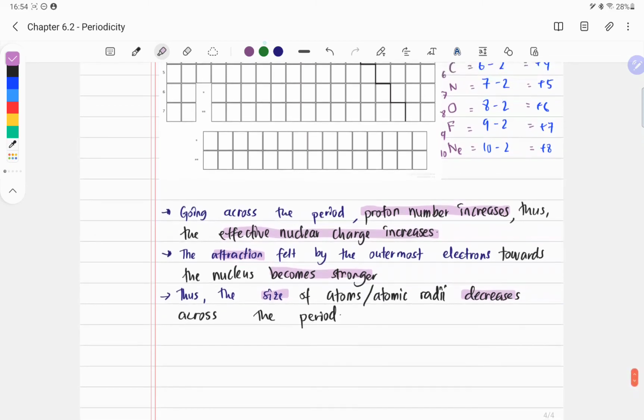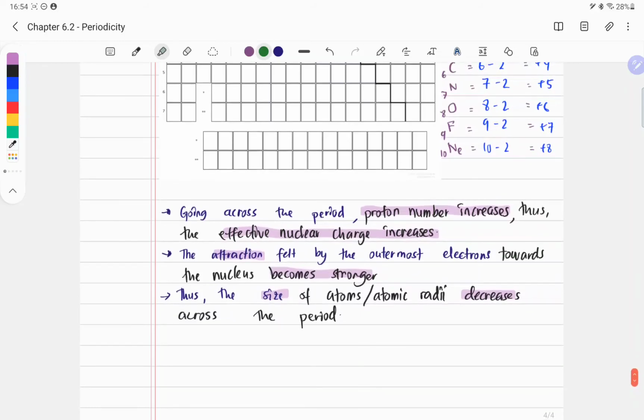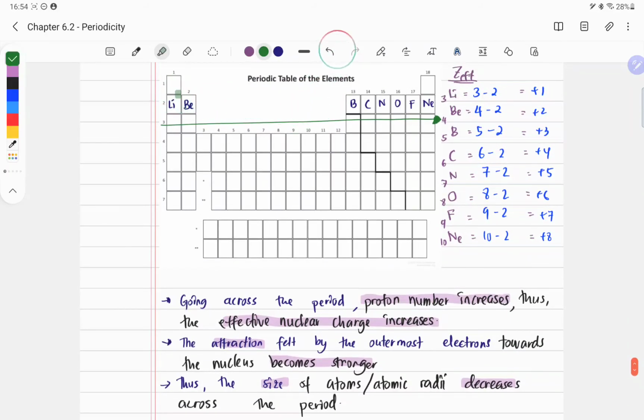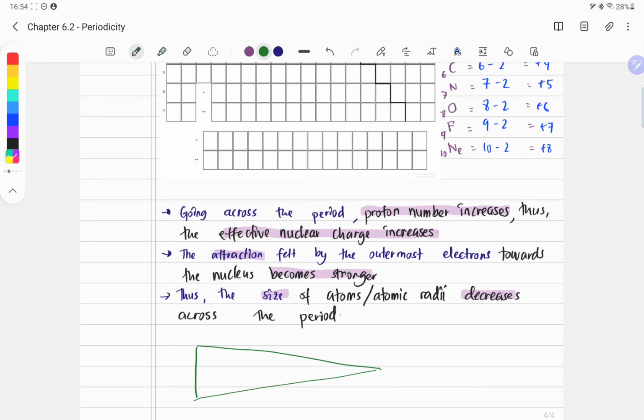Okay, there's an easy way to look at this. Okay, if we look, the size becomes smaller. So if we draw it in a shape, okay, if we fill it like this, it looks like a pizza here. So this is group 1, group 2, group 13, group 14, 15, 16, 17, 18. The size becomes smaller. The shape is like a pizza.